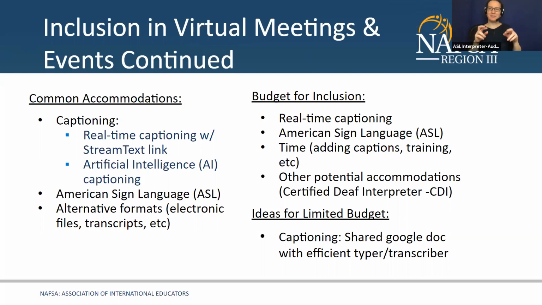We've experienced that it's not accurate because it's done through automatic AI. So it's not really 100% accurate, especially in our field of international education. Words and people's names can get misinformed, and also it's not as reliable.